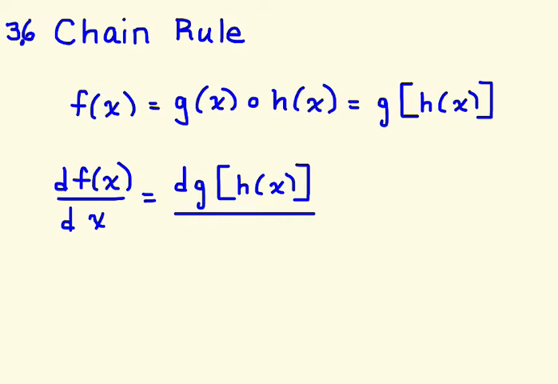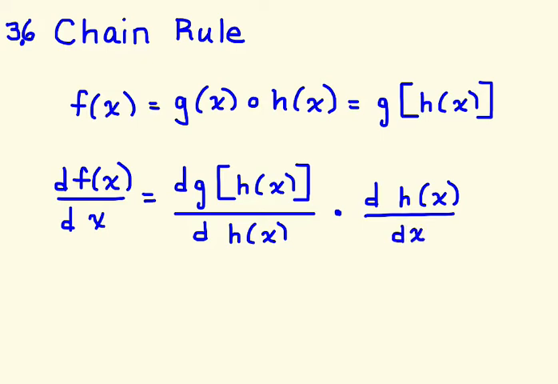So we're going to take it with respect to h of x. So let me copy that. So it's like we freeze h of x like it's a giant variable, and we're taking the derivative of g of x with respect to the h of x function. And then we multiply this by the derivative of the h of x function with respect to its input, which is x.